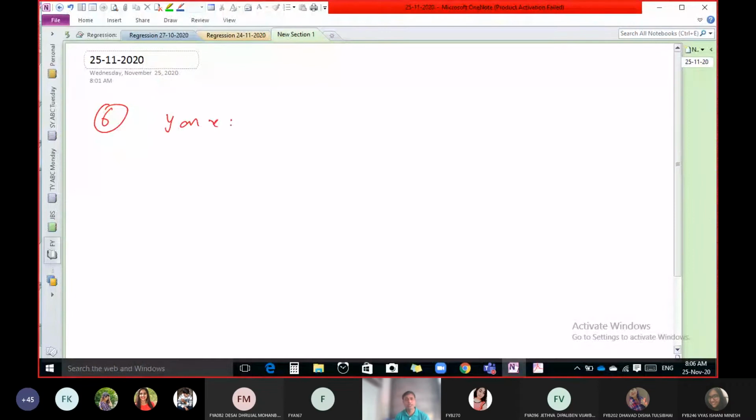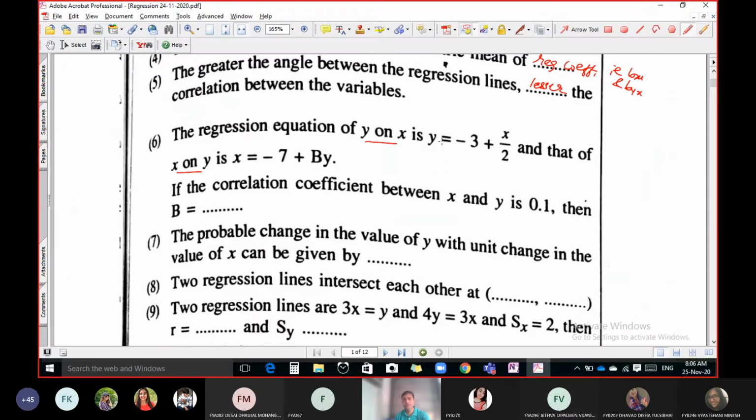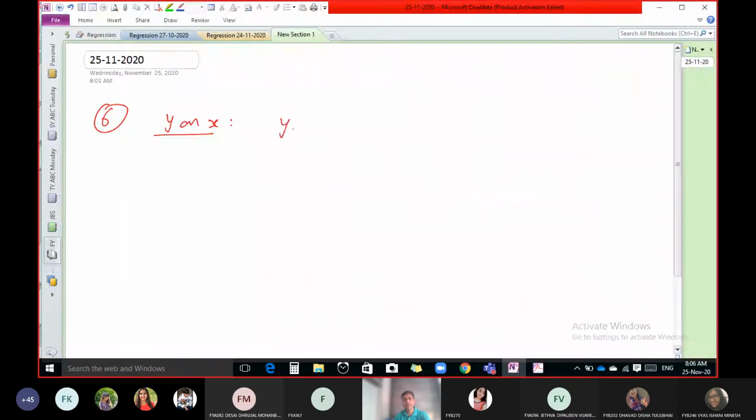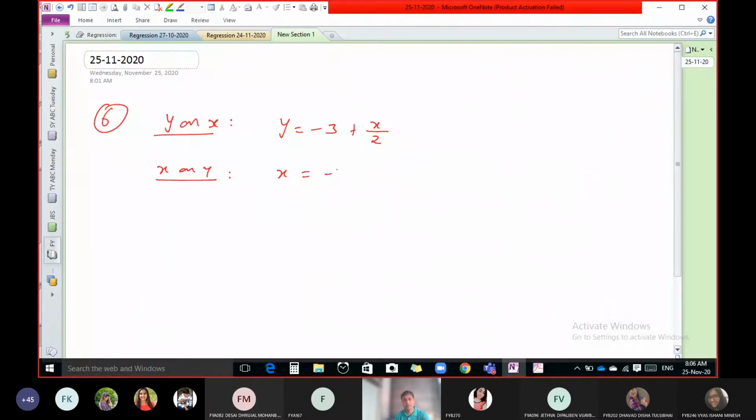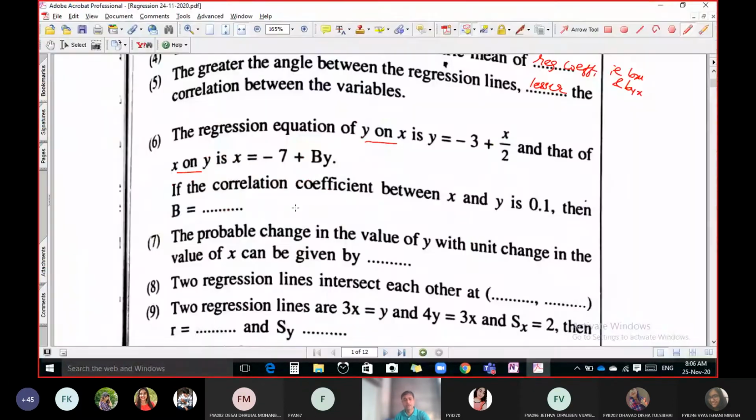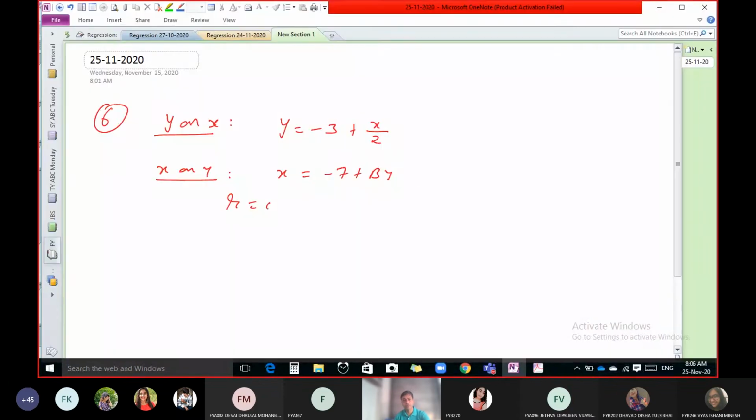The y on x regression line is y equal to minus 3 plus x upon 2. And the x on y regression line is x equal to minus 7 plus by. And correlation is given as 0.1. We have to find out the value of b.